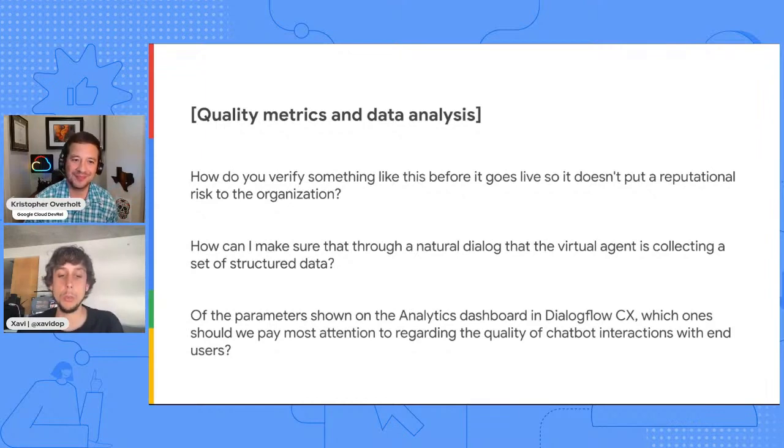Of the parameters shown on the analytics dashboard in Dialogflow CX, that's something that we didn't mention, but in Dialogflow CX you have analytics where you can see how the users are interacting with your agent, and how performant your agent is. Which one should we pay most attention to regarding the quality of chatbot interactions with end users? Basically, I would say all of them, because all the analytics are very important.